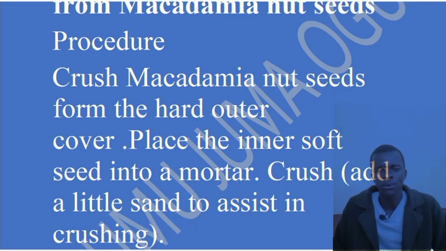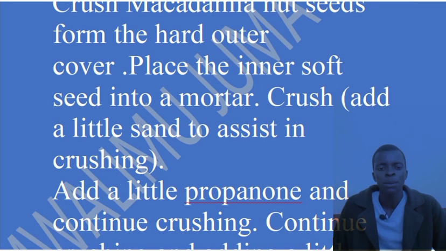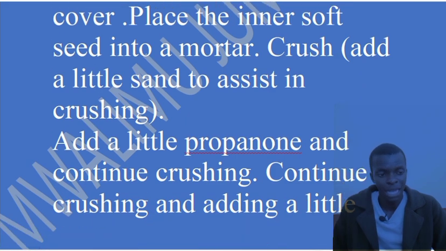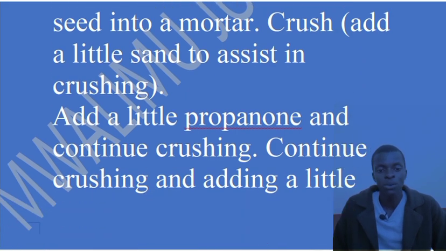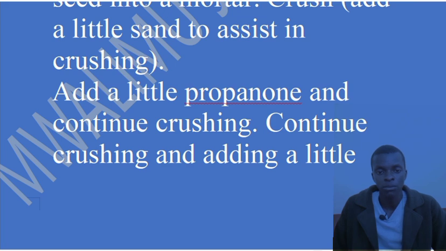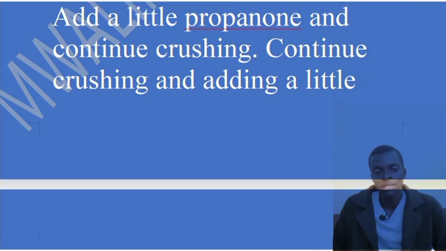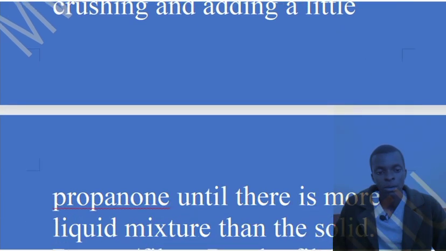From what we are doing, we can have some observations. The propanol dissolves fat or oil in the macadamia nut. Propanol is a more volatile solvent, with a lower boiling point than the oil or the fat.